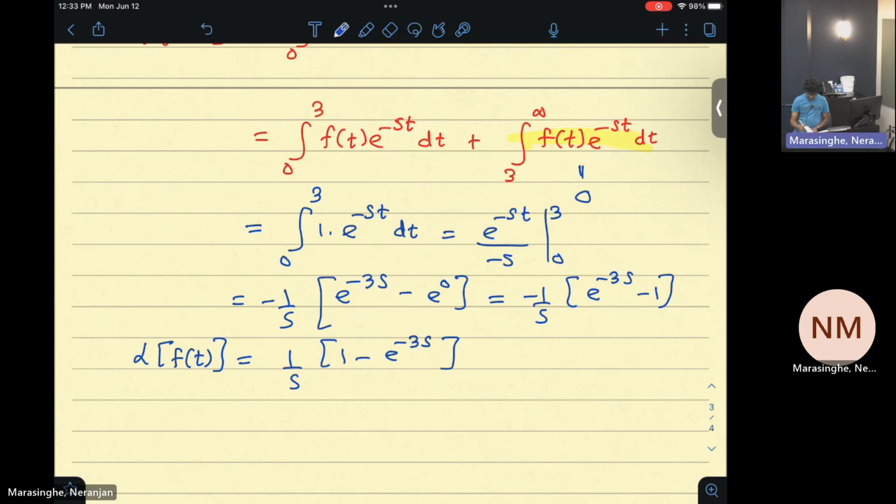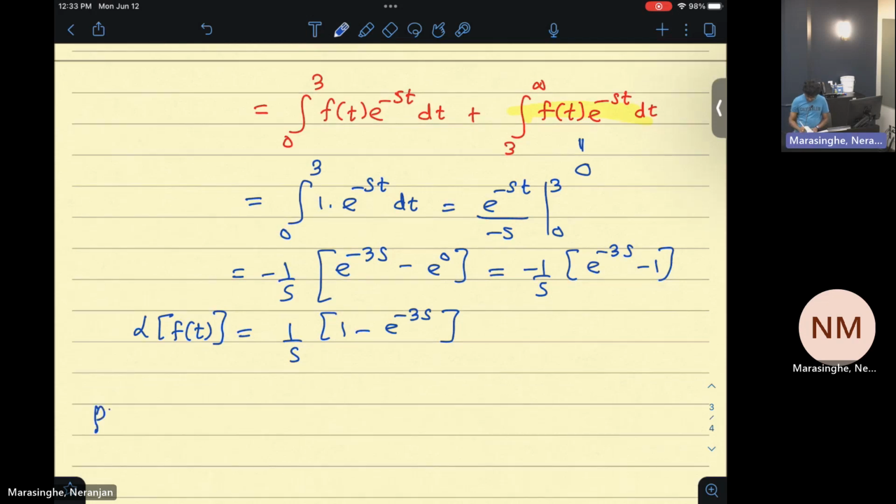Then my next problem is to find the Laplace transform of hyperbolic sine of omega t. Can you give it a try? I evaluated the Laplace transform of hyperbolic cosine.